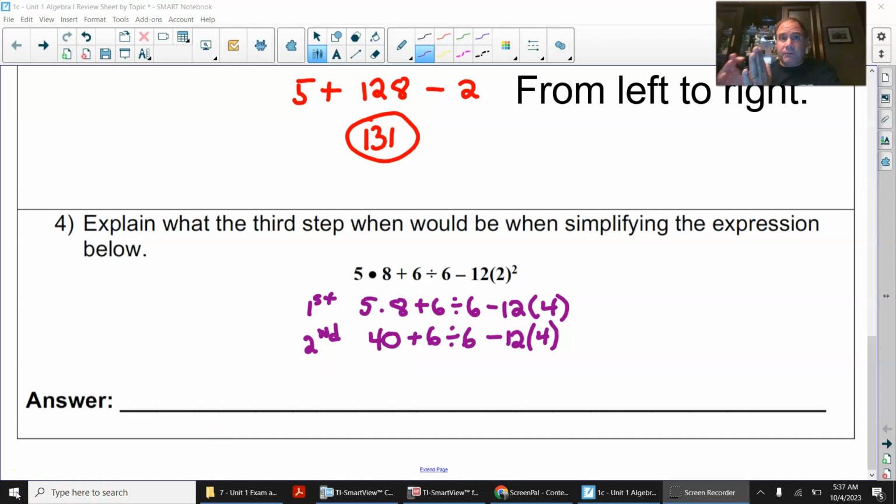Going to the right just a little bit, this third step would be the 6 divided by 6. All right. And then you have 40 plus 1 minus 12 times 4.